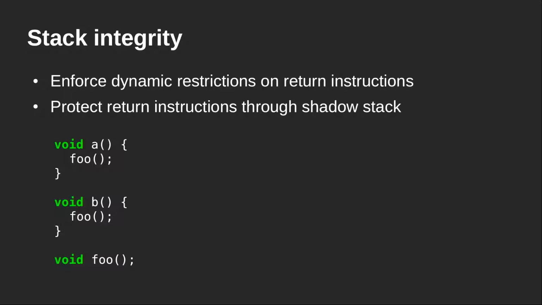So one example to enforce stack integrity could be to protect the return instructions through a shadow stack. So for example, if we have these code snippets here where we can call foo from either function A or function B, we can enforce additional integrity on top of these functions, or on top of these returns.